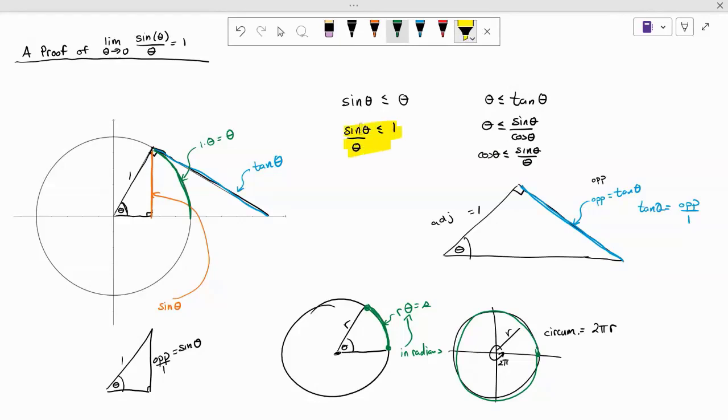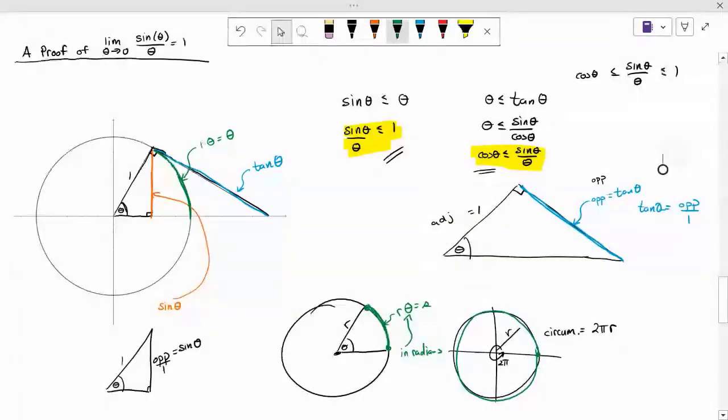So using these two results, we can squeeze our function sine of theta over theta. It looks like sine of theta over theta is at most 1 and at least cosine theta.